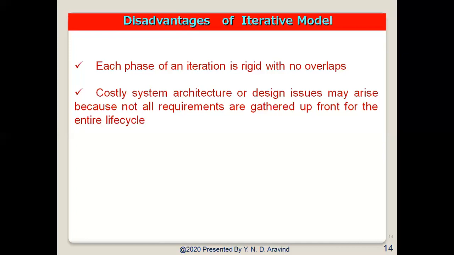Where the technical architecture is clearly defined, we can go for the iterative model. So these are the different places where we can use the iterative model. Here, when the technical requirements are reasonable and well within the capabilities of the technology being used, and targeted performance should be less than 70% of the published limits of the technology, in such cases also we can go for the iterative model.